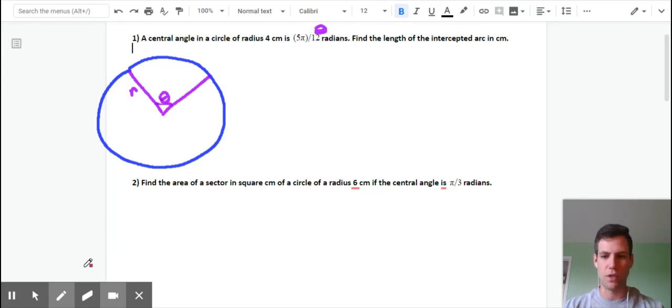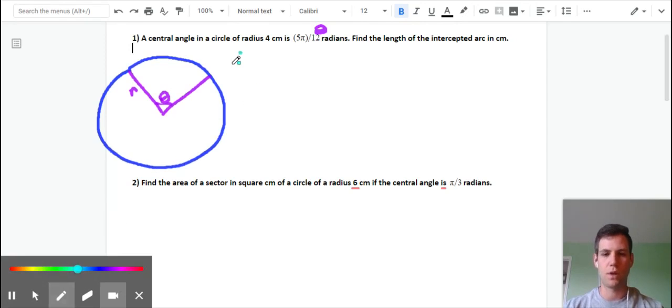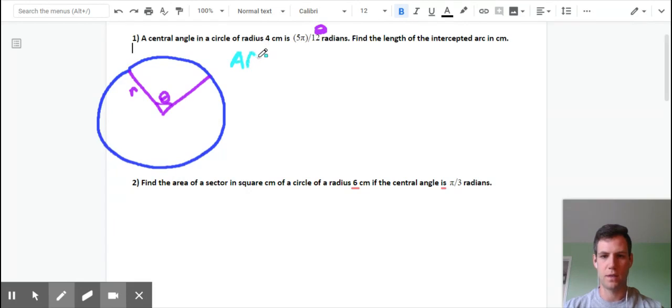And so we can use our formula, the simplified version of it. We know that arc length for radians is equal to just our angle times the radius. We can very easily do 5 pi over 12 times our radius of 4 over 1.